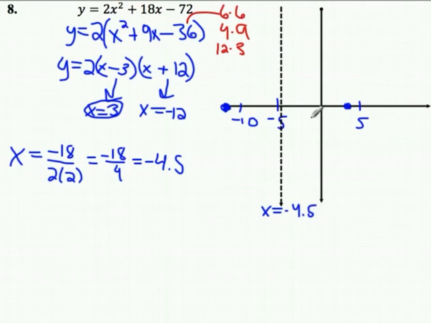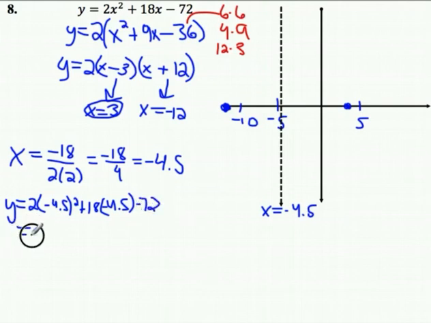Okay, there we go. We're going to plug that back in. Definitely going to need our calculator this time. So y equals 2 times -4.5 squared plus 18 times -4.5, minus 72. And you know what? I'm going to type that all into my calculator. I wish I could show you, but I don't have a window for that.